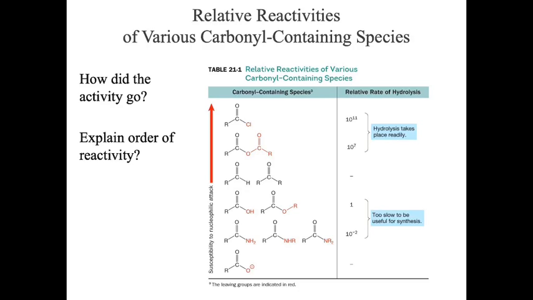Hydrolysis. Hydro for water, lysis for cutting. We're literally using water to cut apart the electrophile. Right? So if we look at the rates, you see for your acyl chlorides, your rates are very, very, very, very fast. For your other substrates, those rates end up going too slow to actually do anything useful.